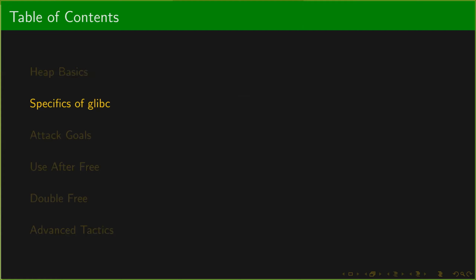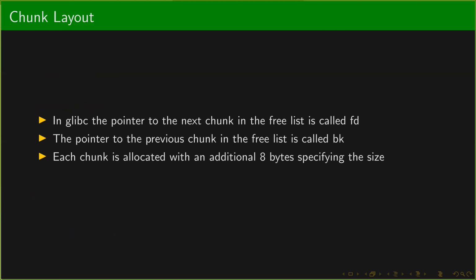We'll talk quickly about the specifics of how the glibc heap is implemented, because that's probably what you would be exploiting in a CTF. So first of all, in glibc, the linked list pointer in the free list is called FD for forward.